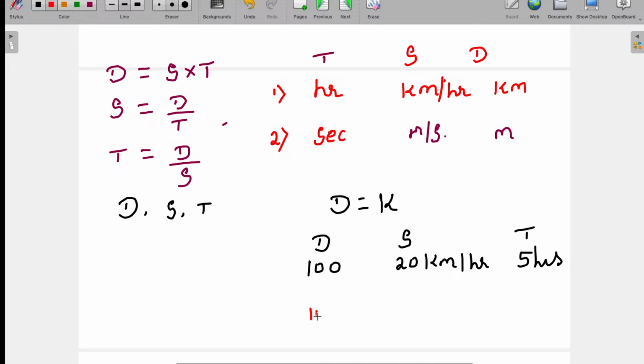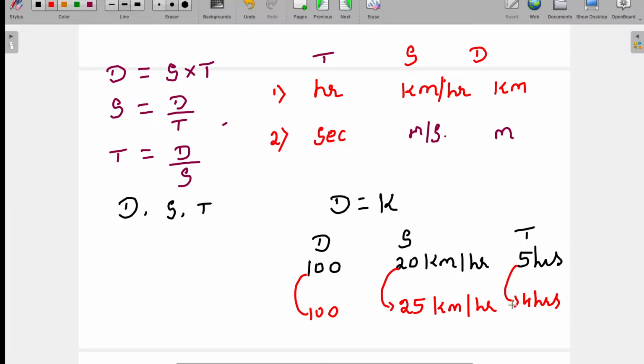Next time also distance is 100 kilometer only. If speed is 25 kilometer per hour, how many hours will he take? 4 hours. Which means if distance is constant and speed increases, what happens to time? It decreases.